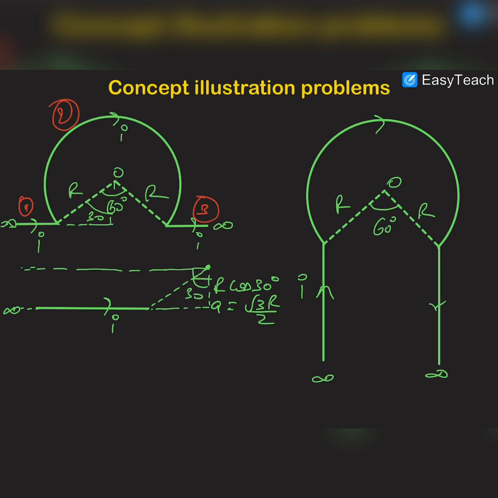If you remember the special case, where the point is lying on one side of both ends, then B was equal to mu naught I by 4 pi A times (sine phi 1 minus sine phi 2). We have already discussed this special case previously. Let us use the next page.